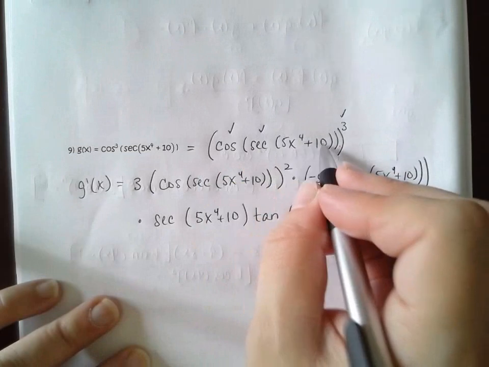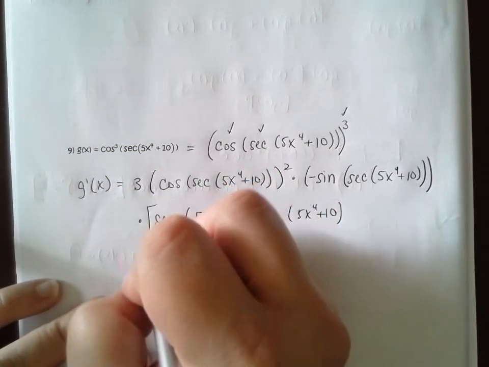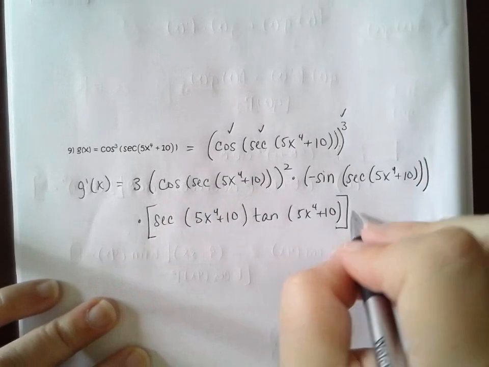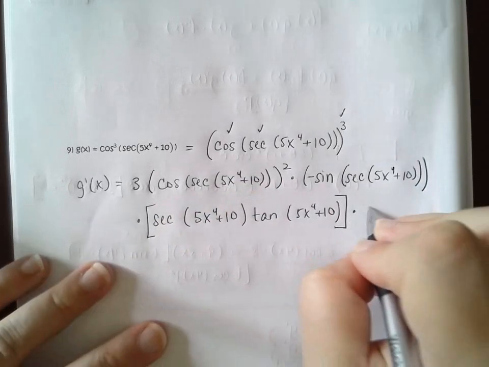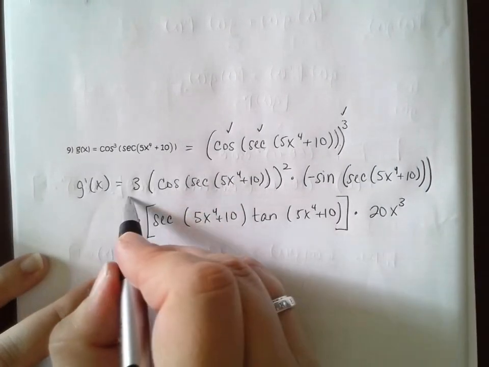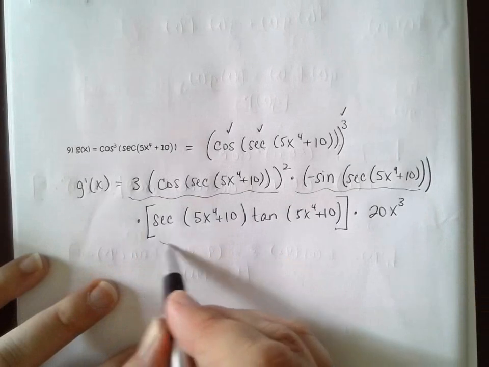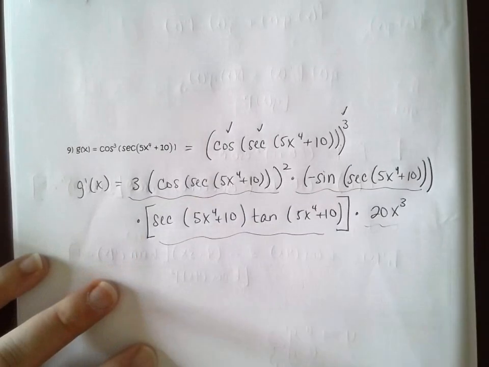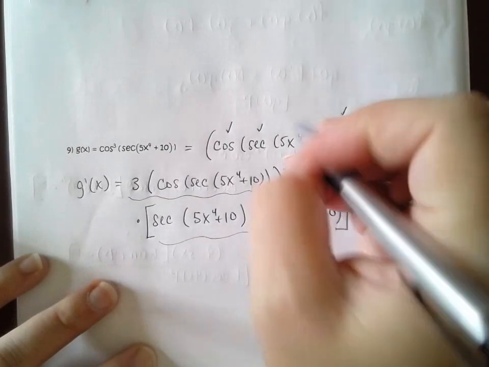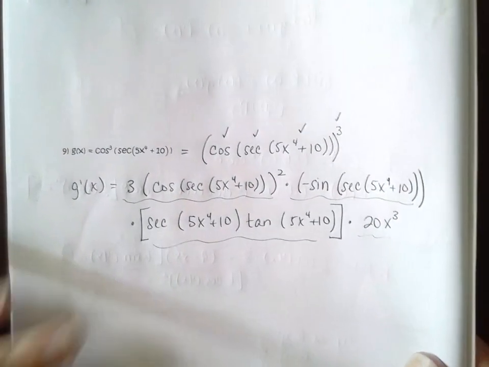Now the only thing left is the derivative of what's inside. This is a complicated piece, so I'm going to put it together in its own set of brackets. And I'm going to multiply by 20x cubed. So there's the first, there's the second piece, there's the third piece, there's the fourth. All four pieces come together to make the derivative of that complicated composite function.